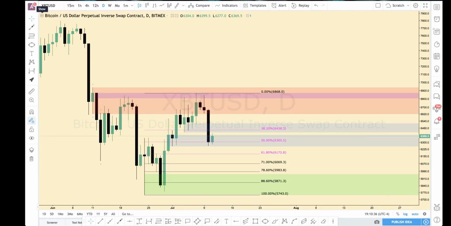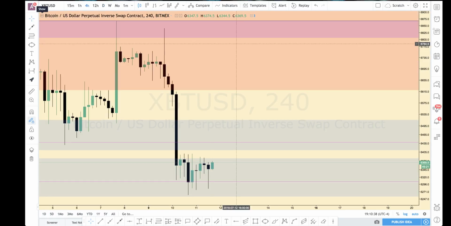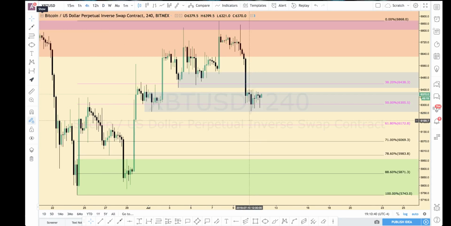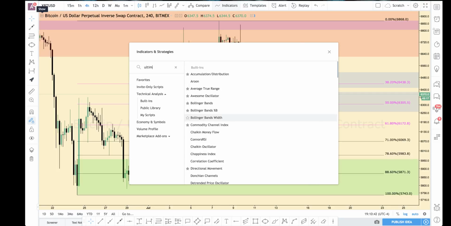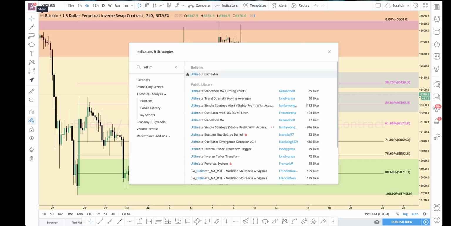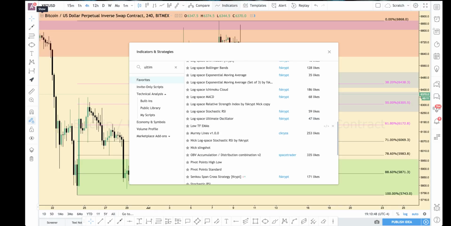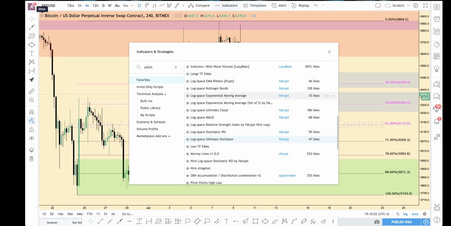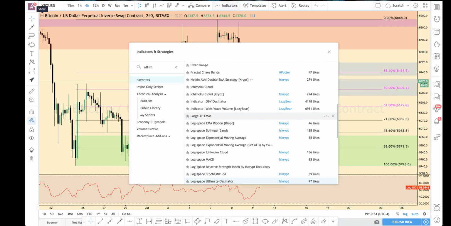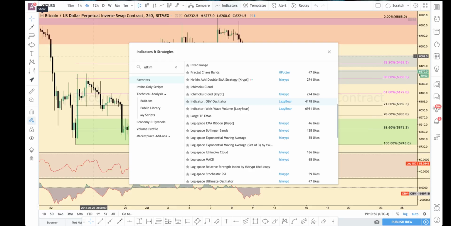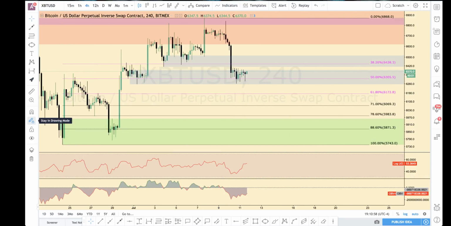Reasons I think we will retrace up: the other oscillators. I really like the ultimate oscillator, not just the normal one. Crypt has the log space ultimate oscillator, and I really like that. And of course, y'all have seen me use Lazy Bear's OBV oscillator. Great indicators for divergences.